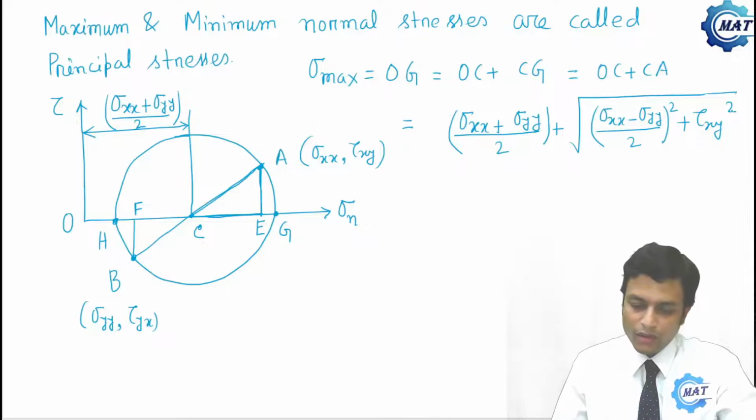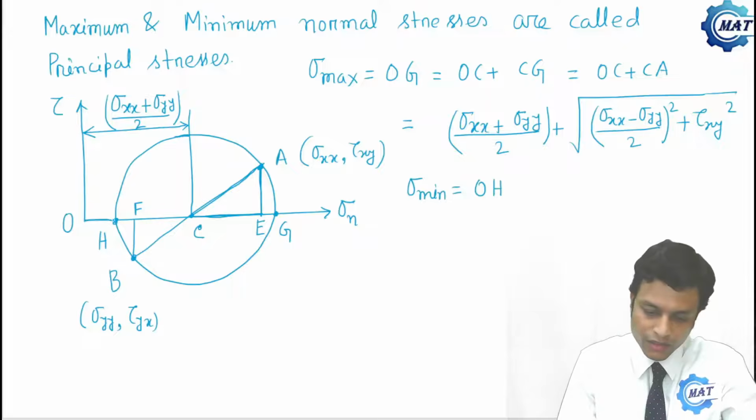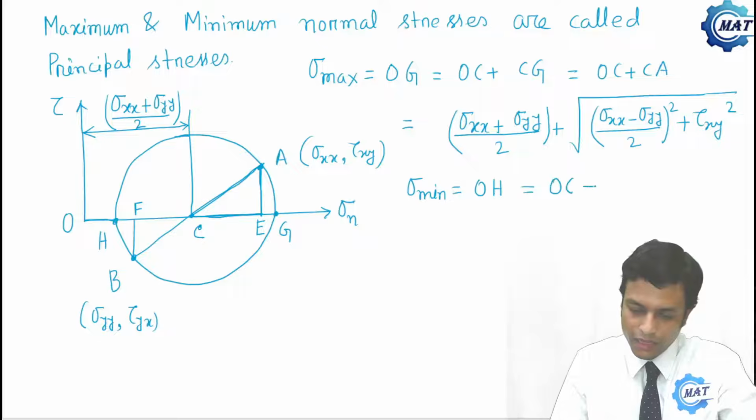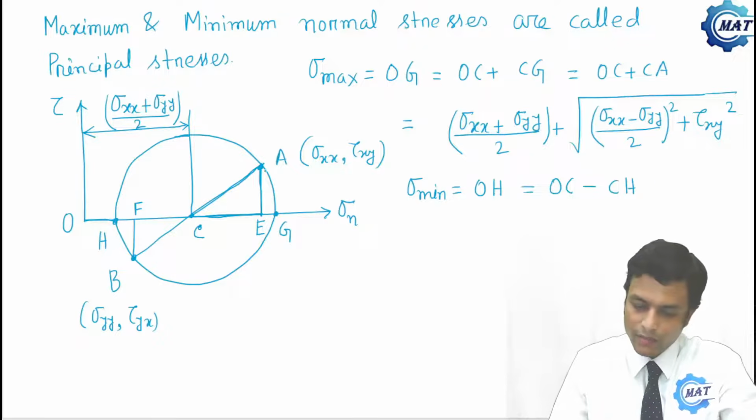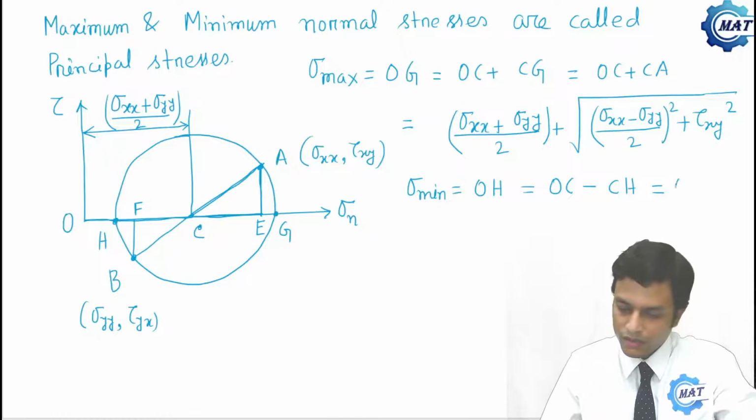So what is the minimum normal stress? Sigma min, the minimum normal stress, is OH. That is OC minus CH. CH is nothing but CA, that is also the radius. So OC minus CA.